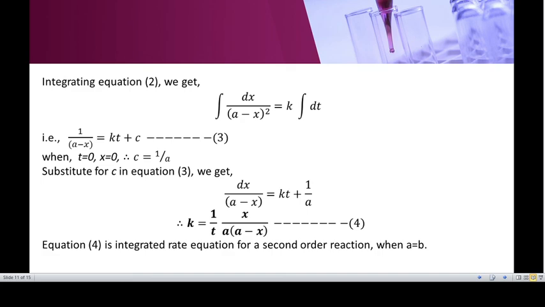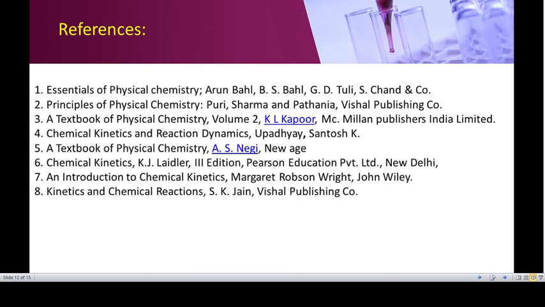You can go through this. Physical Chemistry by Ball and Ball, Physical Chemistry by Puri Sharma Pathania, Physical Chemistry by K.L. Kapoor, and Textbook on Chemical Kinetics and Reaction Dynamics by Upadhyay and Santosh, and Physical Chemistry by Negi, and Chemical Kinetics by Laidler, and Introduction to Chemical Kinetics by Margaret Robson Wright, and Chemical Kinetics and Chemical Reactions by S.K. Jain.